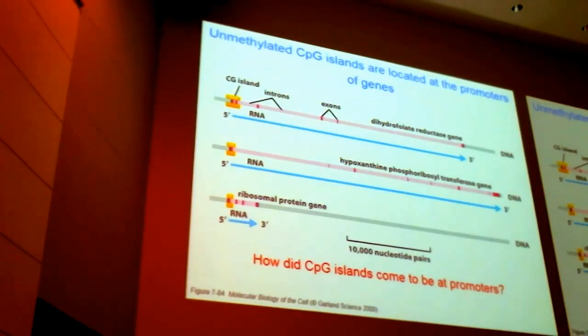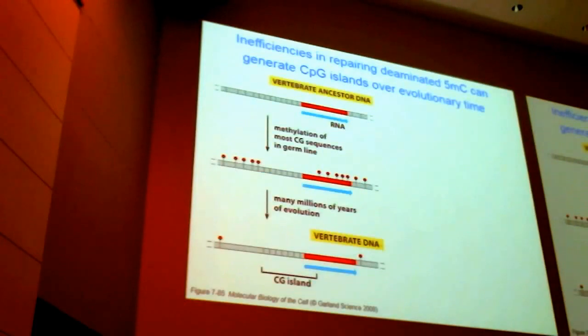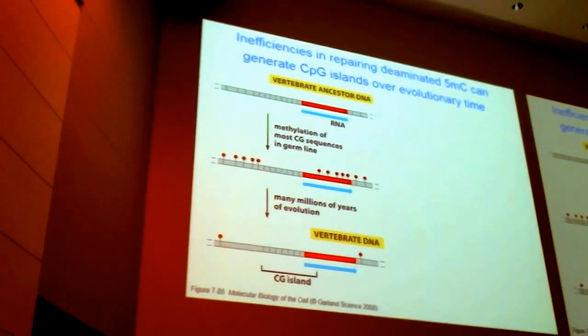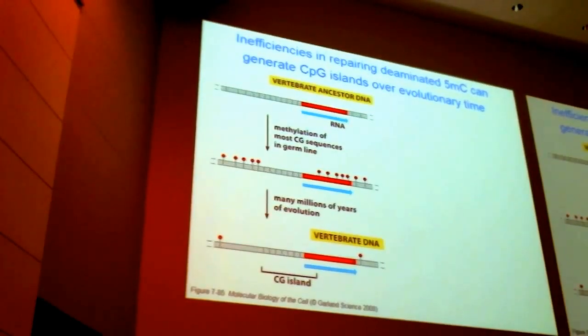So I don't know if any of you have already figured it out, but I'll walk you through this slowly. It's an important question. Let's think about a sequence, let's say CG, CG, CG, and then this is methyl CG, and then CG.